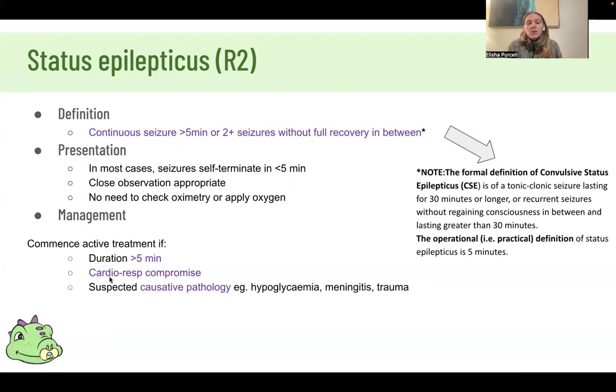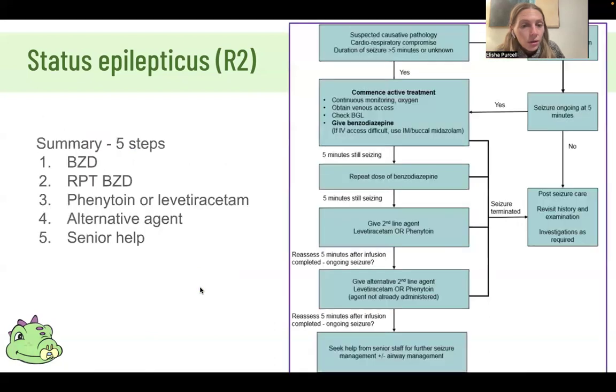With a seizure, it's supportive, doing ABCD for the first 5 minutes. If they have status epilepticus, it's going for greater than 5 minutes. This is where you have to think about pharmacological management. You also have to rule out any other causative pathology. So I'll go through that now.